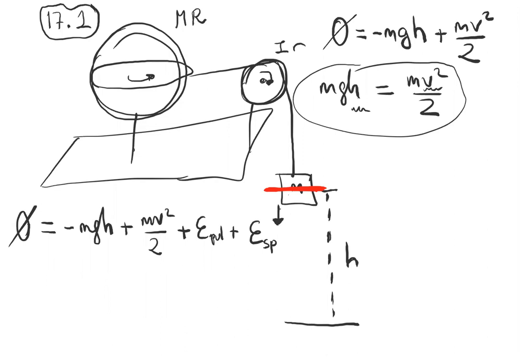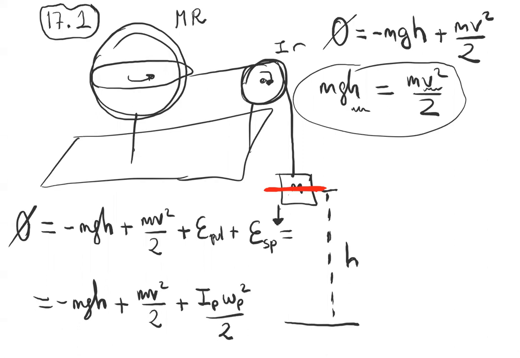Those two are rotational energies, so I can write them as moment of inertia of the pulley times angular velocity of the pulley squared divided by 2, plus moment of inertia of the spherical shell times angular velocity of the spherical shell squared divided by 2.